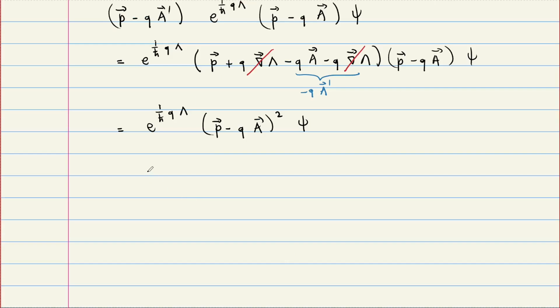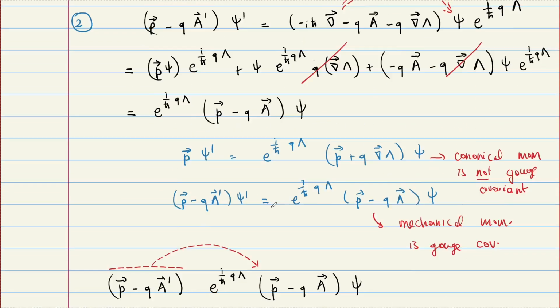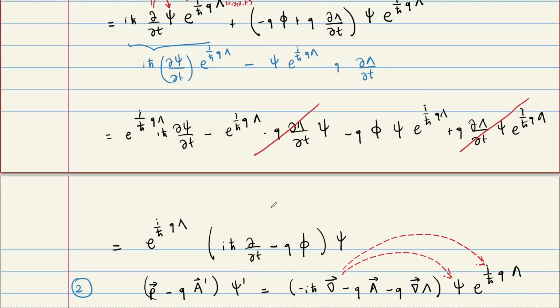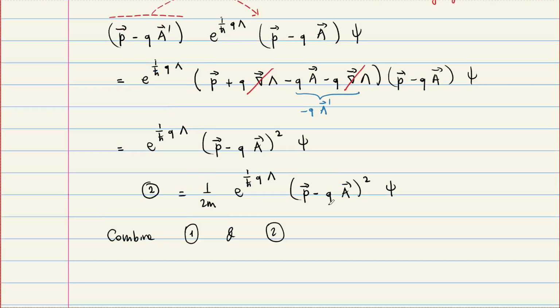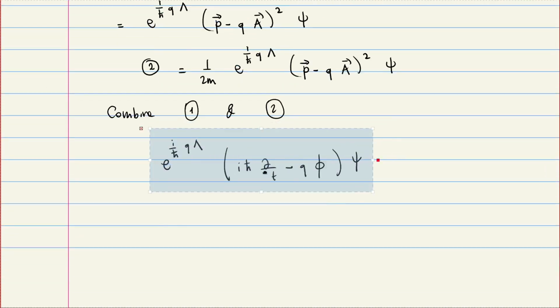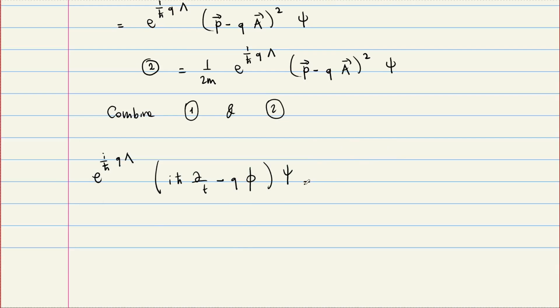Therefore, what we see is this 2 is going to be equal to 1 over 2m times this thing. Now let's combine 1 and 2 and see what it looks like. From 1, what we obtained was here. This is 1, is equal to, from 2 we obtain this piece.